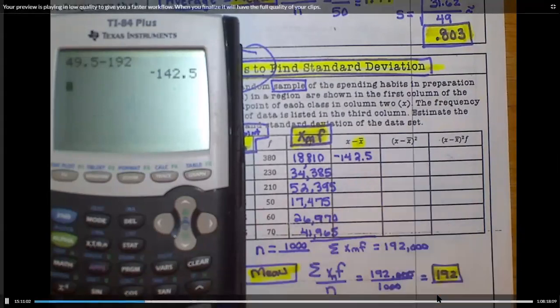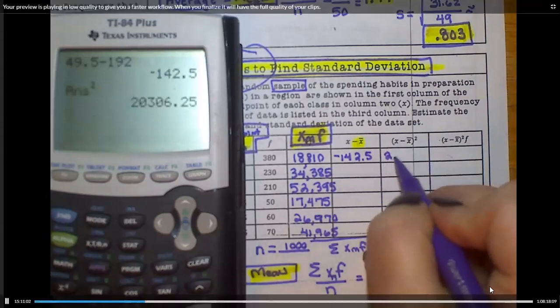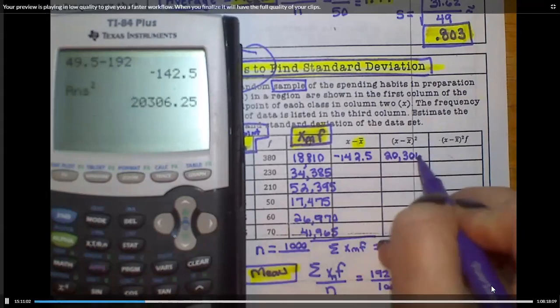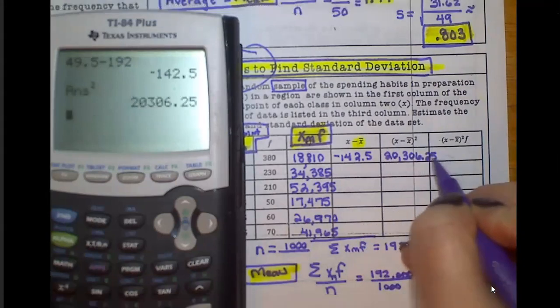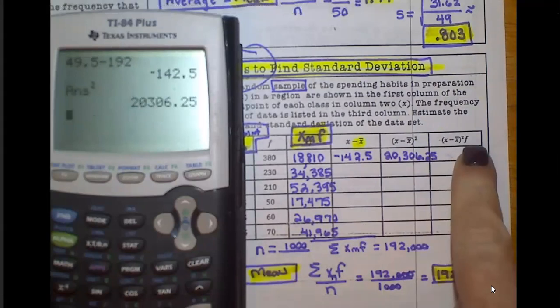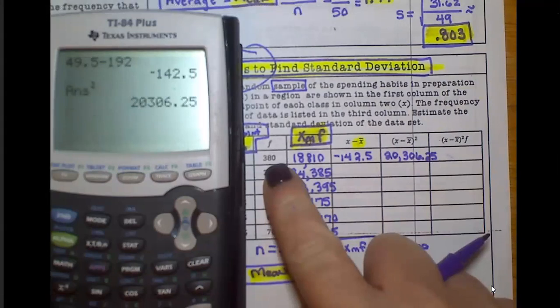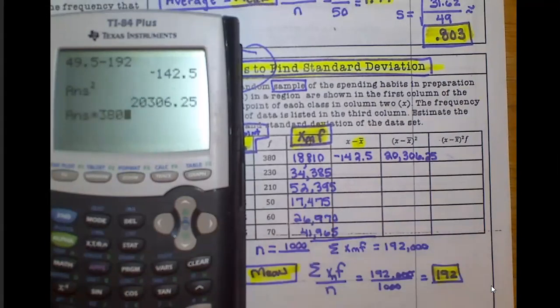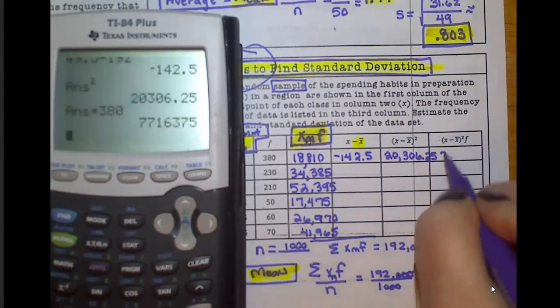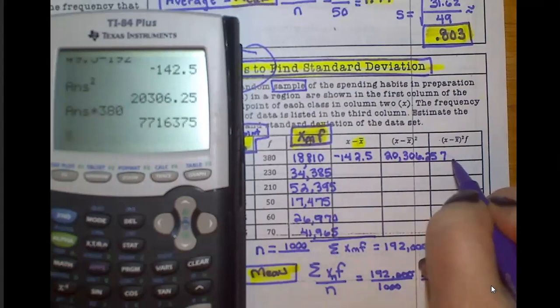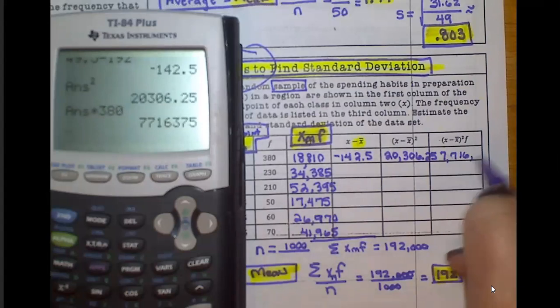I'm going to square it. That would be 20,306.25. Then I have to multiply that by how many times it occurred, which was 380. And we have 7,716,375.